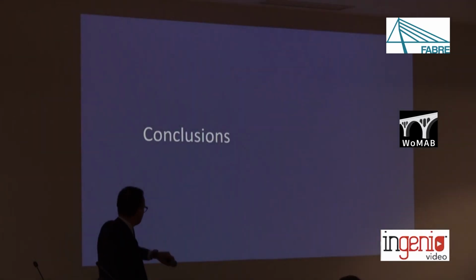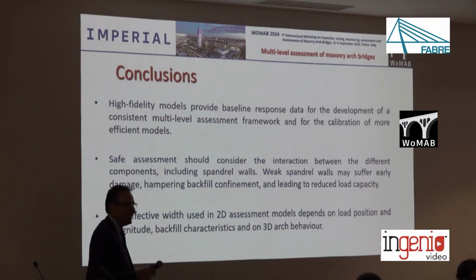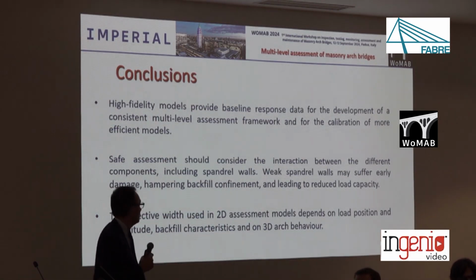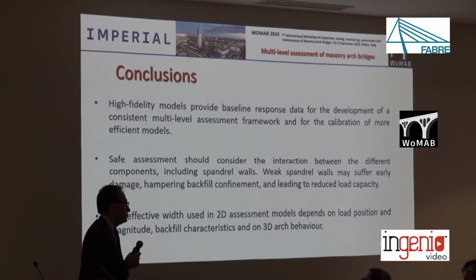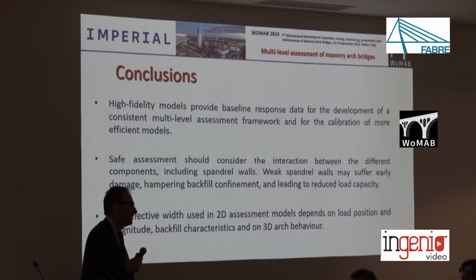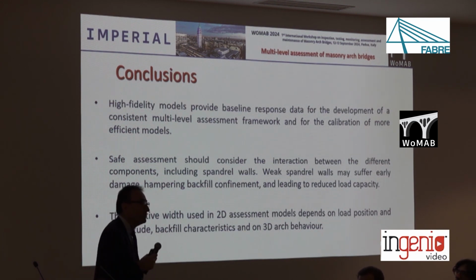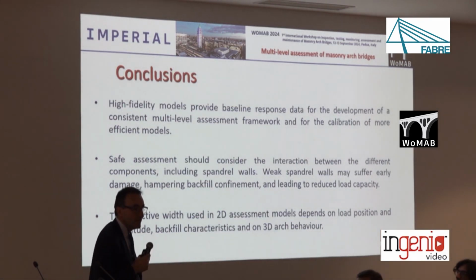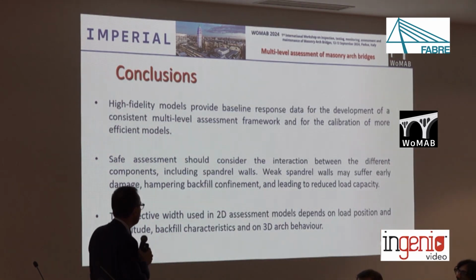So, conclusions. I think in our research we demonstrated the potential of using high fidelity models to provide baseline results, to be used to calibrate more simplistic models, and also to gain and improve understanding of the actual behavior of this complex structure.